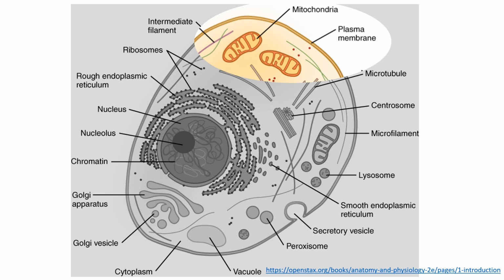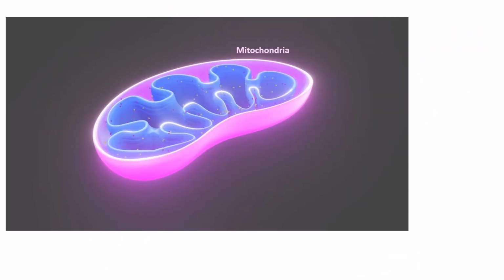Do you know what's the other name for the mitochondria? The powerhouse of the cell, right? What happens in the mitochondria? Okay, mitochondria. It's a very pretty picture with the pink and the blue. Let's see what happens inside this mitochondria.